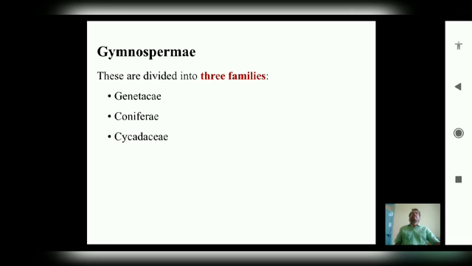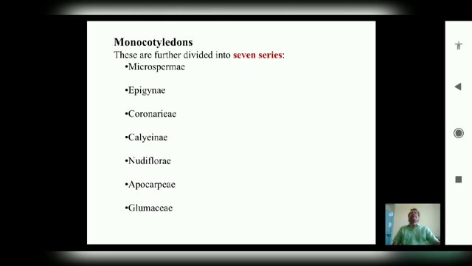And gymnosperms were classified into 3 families: Gnetaceae, Coniferae, and Cycadaceae. And monocots were divided into 7 series, which starts from Microspermae and ends in Glumaceae.